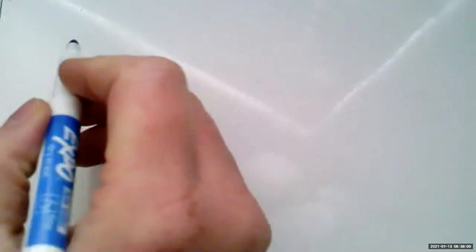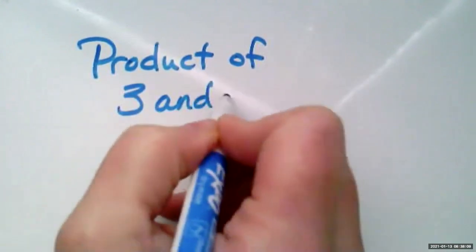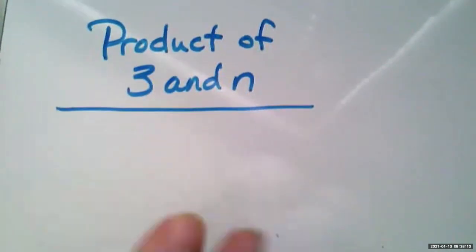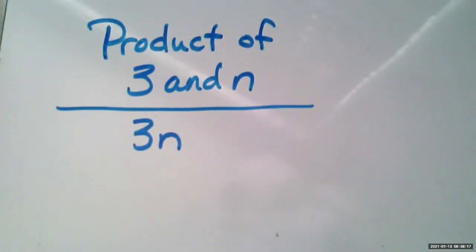All right, now that we are getting going here, the product of 3 and the number n could be written multiple ways. You guys wrote it just fine. Product means multiply. Most of you wrote it as 3n, and that's perfectly fine.